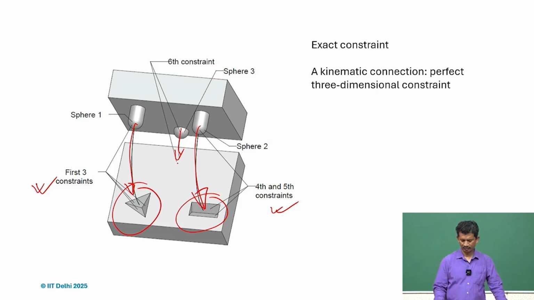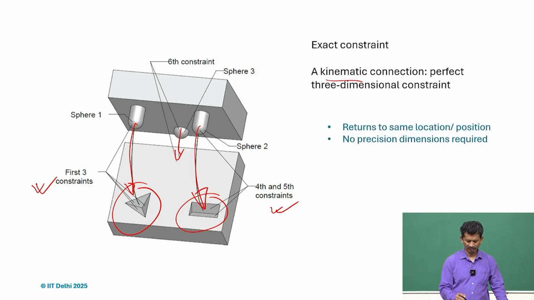So, again 6, and we establish the kinematic connection, and it is exactly constrained. We have to keep reminding ourselves that if it is exactly constrained, it will always return to the same location and position.